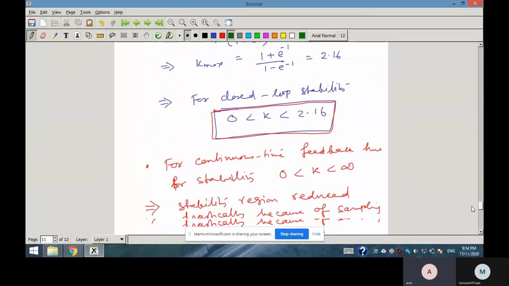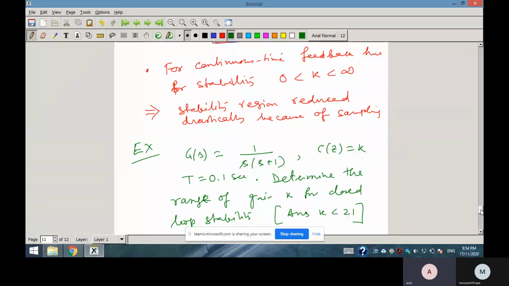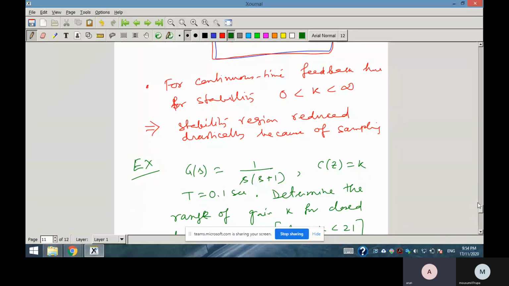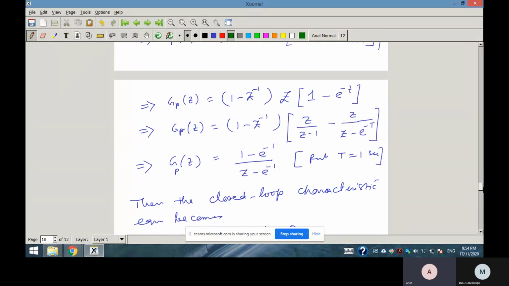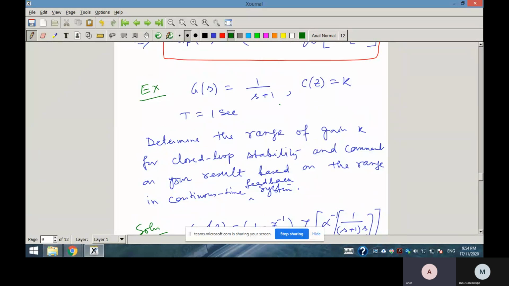Ultimately, the conclusion we have drawn is that if you implement a continuous time system using a digital processor, you have to sacrifice something: your stability boundary will reduce. For this particular problem, if you do not use any sampling and use a continuous time feedback system, your loop transfer function is K by s plus 1, and if you draw the root locus you will get infinite gain margin.